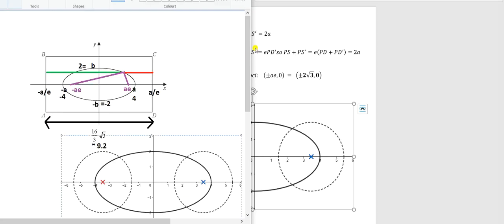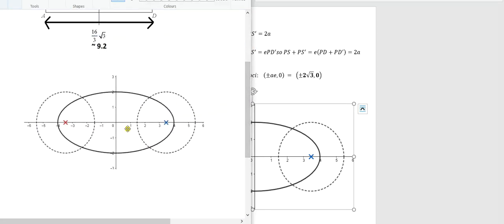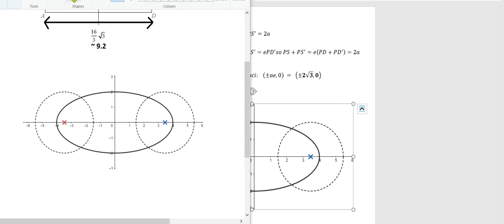We can use the fact that there's a directrix that we know about, and the distance to the focus is also something that we know. So if we take a line from the focus to here, that distance is 2. We're told that already in the question.